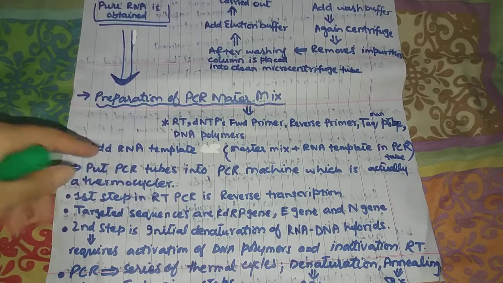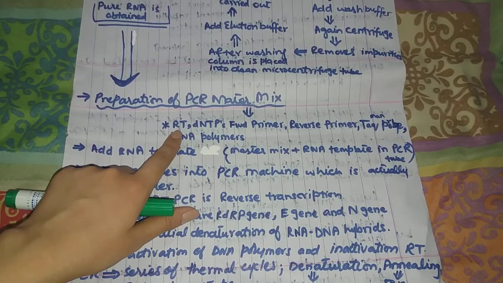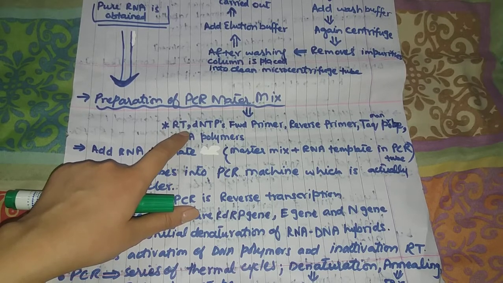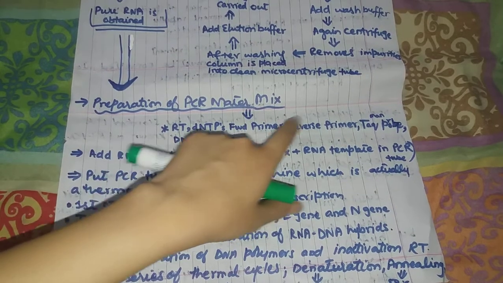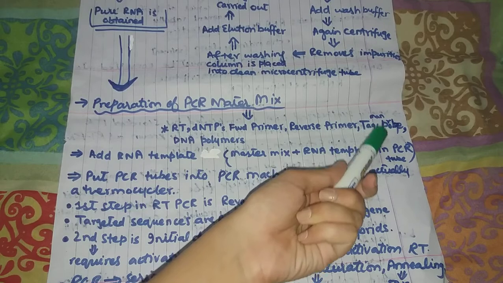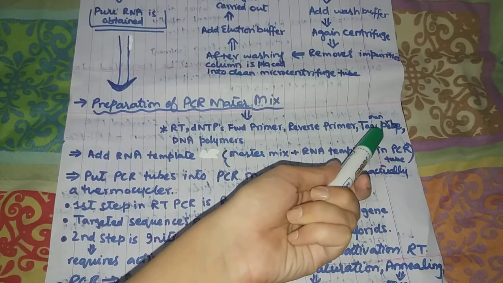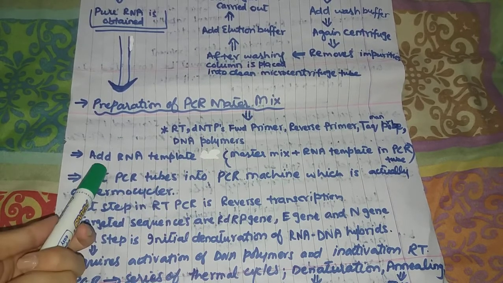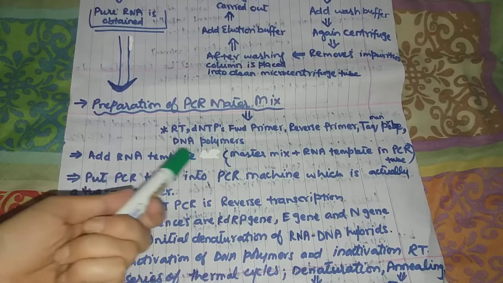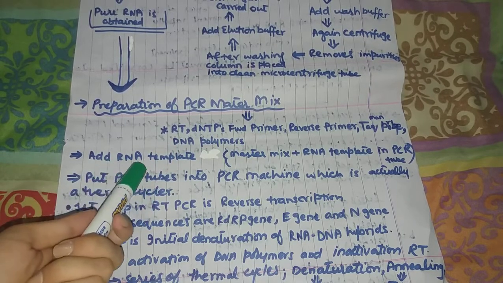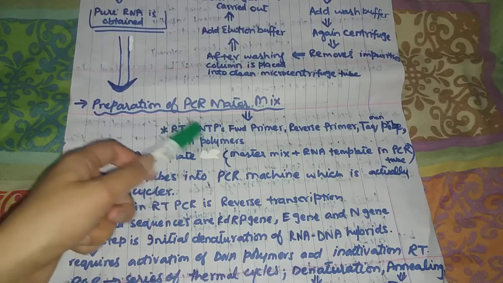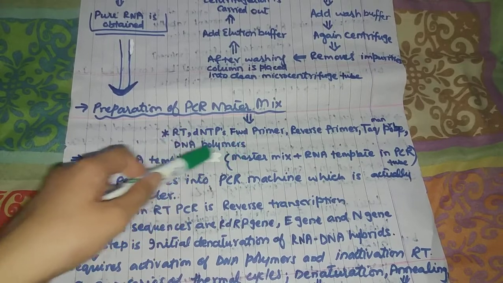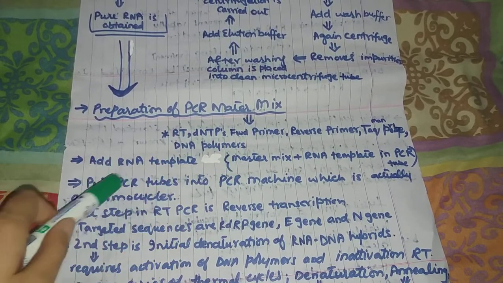Before we carry out this process, the things we need are reverse transcriptase, RT, dNTPs, forward primer, reverse primer, TaqMan probe, which will help in detection, and DNA polymerase. Using all these components we will make a master mix. When we prepare a master mix of all these components, we will add the RNA template.